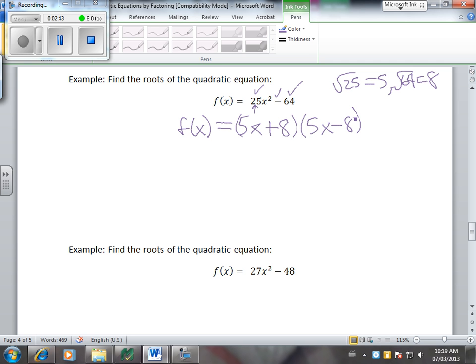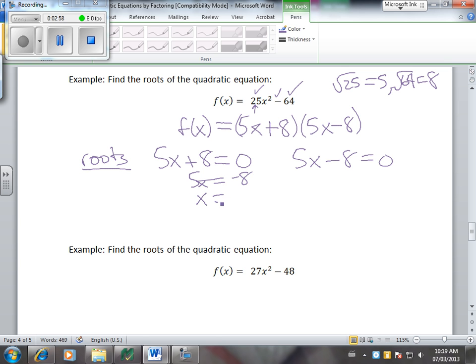And to find the roots, just like we've been doing the whole time, 5x plus 8 equals 0, 5x minus 8 equals 0. 5x equals negative 8, and x equals negative 8 over 5. And here, 5x equals 8, and x equals 8 over 5.